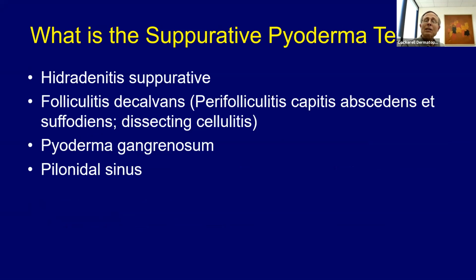And then pilonidal sinus is in the same category. So somebody that's got these conditions, they basically are all in the same general family of conditions. Sterile suppurative folliculitis with rupture, scar, and you need to shut off that inflammation. And now, as you all know, TNF alpha inhibitors are being used to treat a lot of these conditions.